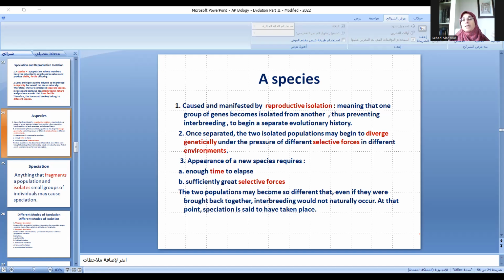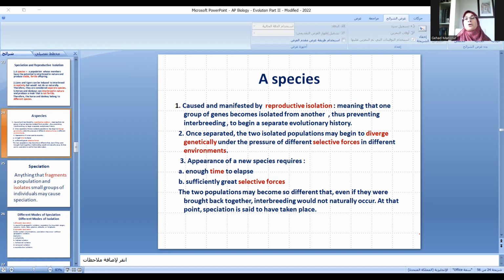So speciation is anything that will fragment a population, that will isolate small groups of individuals, and at the end of the day, they will end up being different species. We start with a population and we end up with a species.